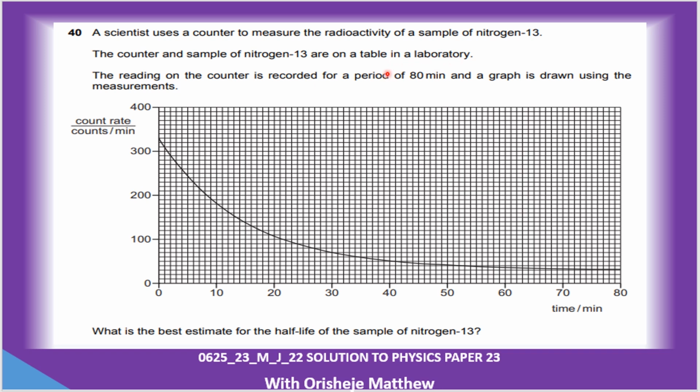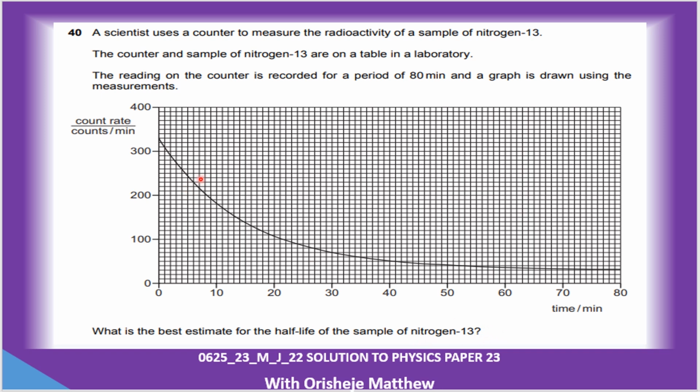The reading on the counter is measured for a period of 80 minutes, with a graph using this measurement. What is the best estimate for the half-life of the nitrogen 13?